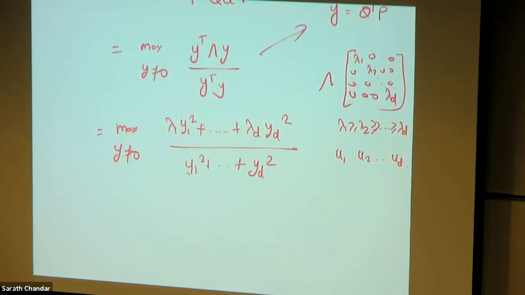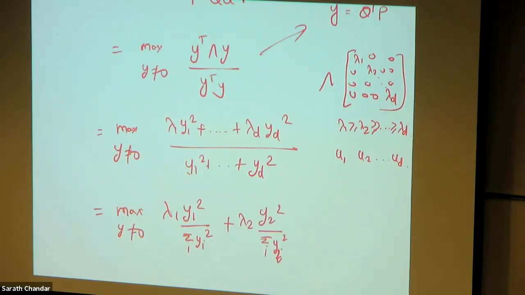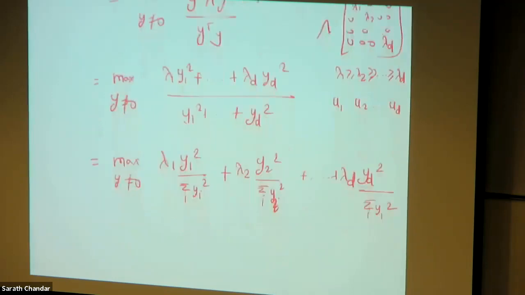Now I can further write this as lambda 1 y1 square over the sum of y i square, plus lambda 2 y2 square over the sum of y i square, up to lambda d yd square over the sum of y i square. I just put the denominator for each term separately, so there are no fancy algebraic tricks here.